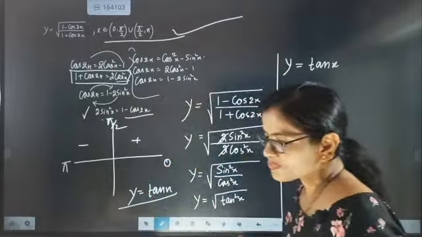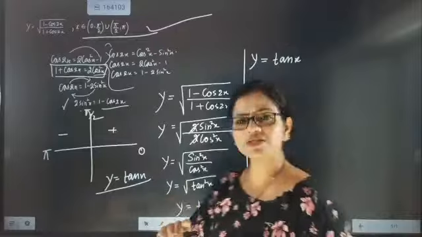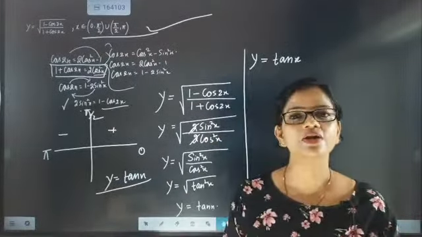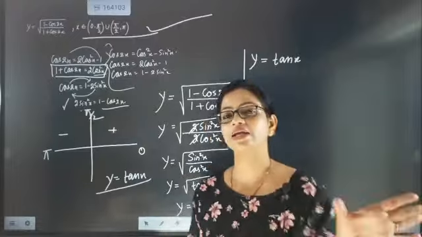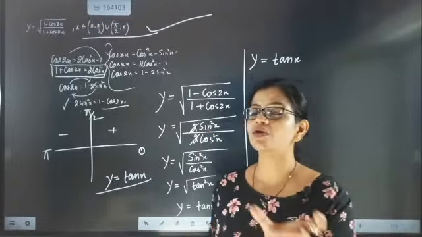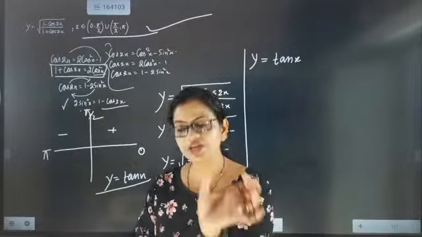So just understand this one: once a question is given independent of an interval, you can directly differentiate. But when a question is given with some interval, you cannot play directly here. Then you have to convert it into intervals.